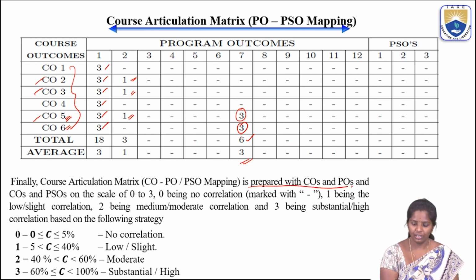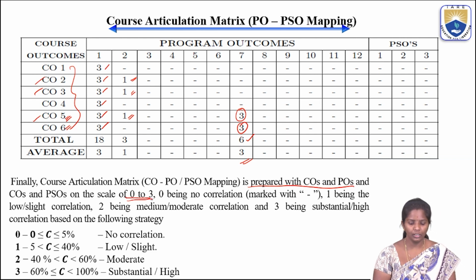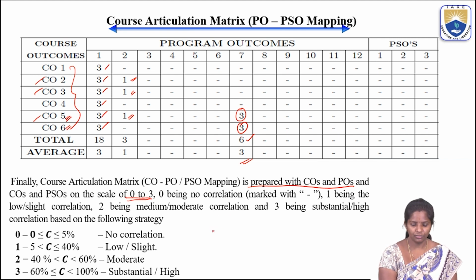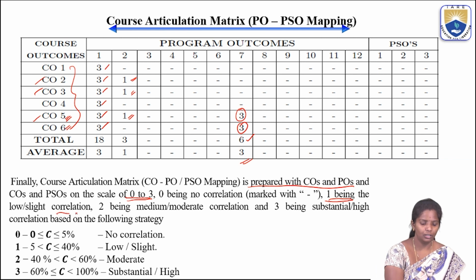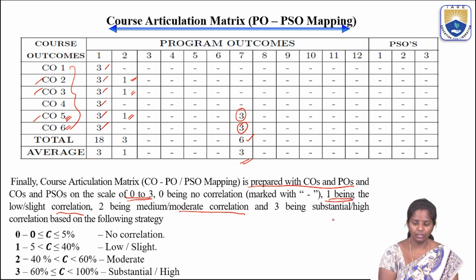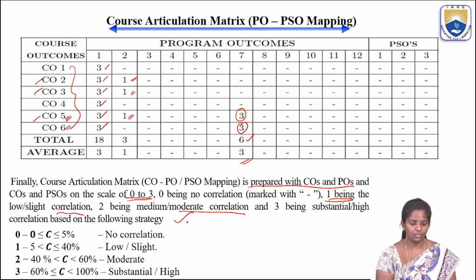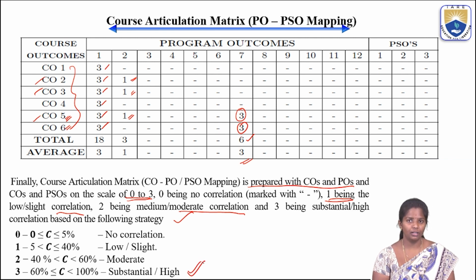Finally, if we compare with the scale that is given, it falls from 3 to slightly higher than 3. 1 is slight correlation, 2 is moderate correlation, and 3 is highly substantial correlation for the following strategy. If it is 3, it is most widely applied or important in studying for further and future applications.